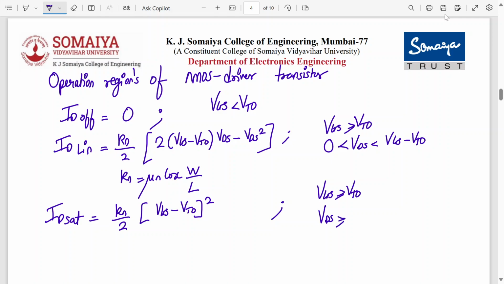What is the equal to condition called? Edge of saturation. And what is the greater than condition, VDS greater than VGS minus VT, called? Beyond saturation. So here my NMOS is in linear region and here NMOS is in saturation region. Agree?